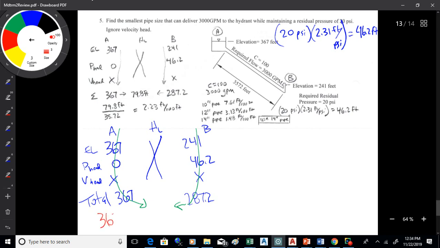We got 367 at the reservoir, and we need 287.2 at the hydrant. If we subtract, we get the difference, and that's 79.8 feet. So what that's telling us is we can have up to 79.8 feet of head loss as the water flows.